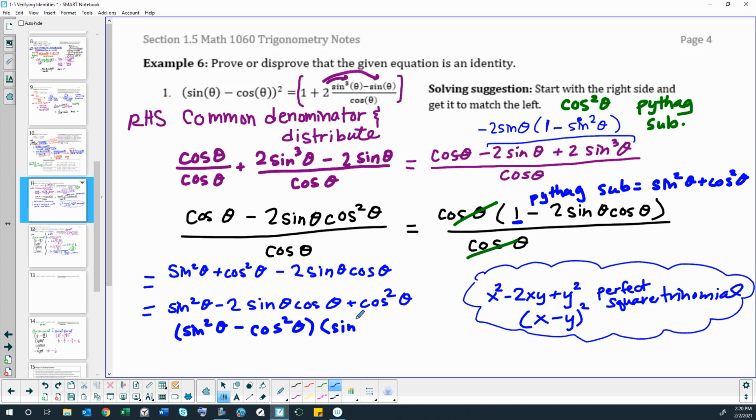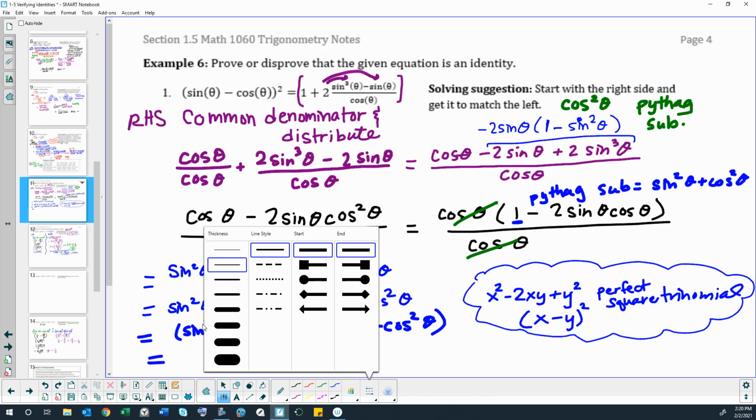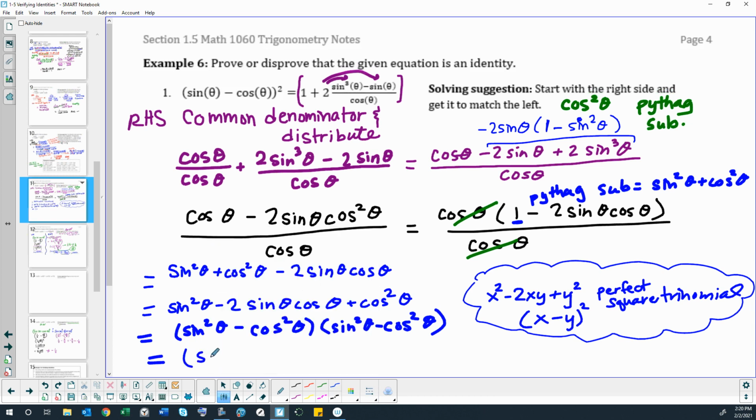twice. I'm going to write it out just to make sure we see what's happening. Okay, and that, of course, can be written as sine. It shouldn't be squared, should it? I made a mistake. You guys are probably watching me and cringing.